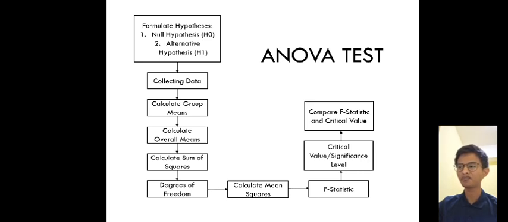ANOVA stands for analysis of variance. This is a statistical test used to compare means of two or more groups.